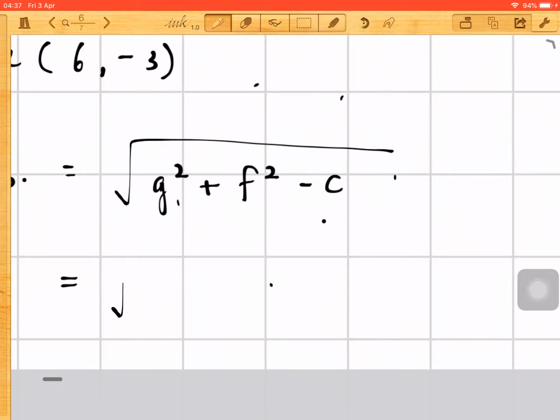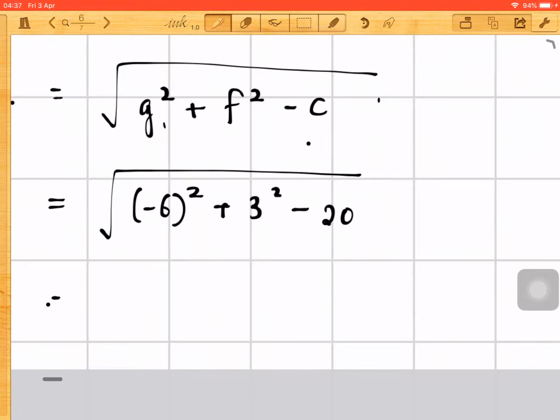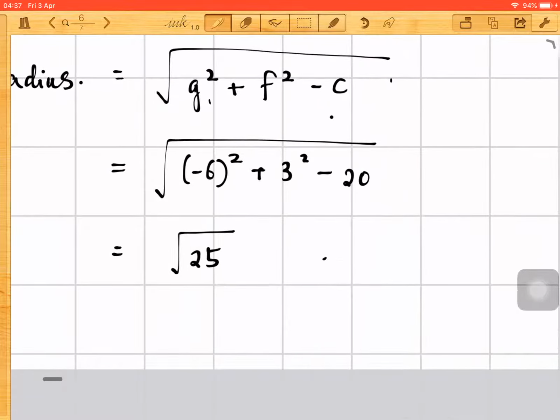So put it in, g squared, f squared, minus c. So we will get square root of 25. So the radius is 5.